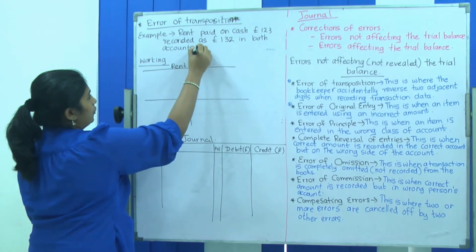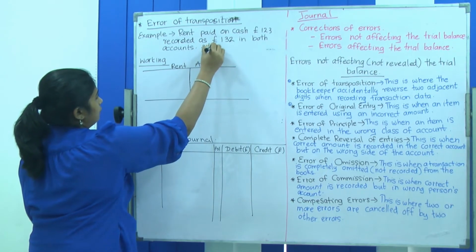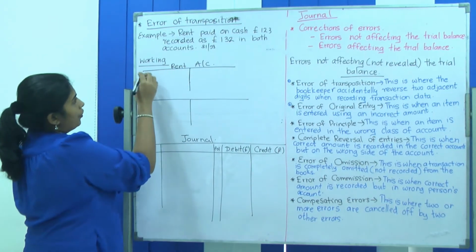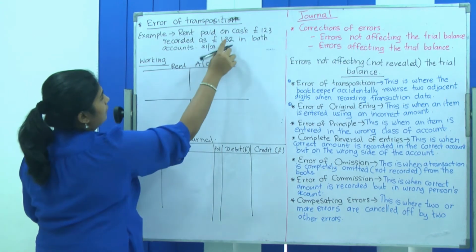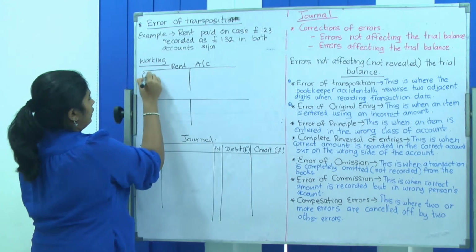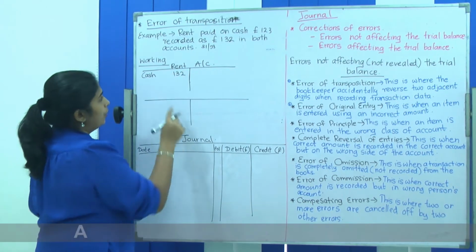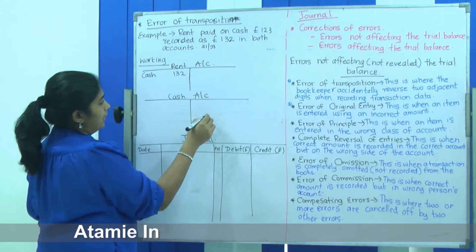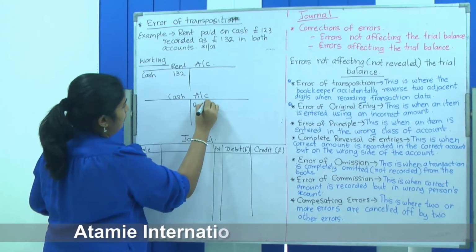We'll assume the error was found on 31st of March. The actual amount was 123, but it was recorded as 132. So here in the rent account it is there as 132, and in the cash account it has been recorded on the particular date as rent 132.